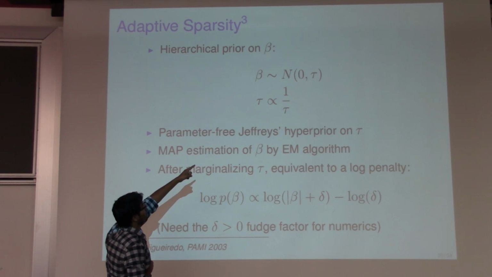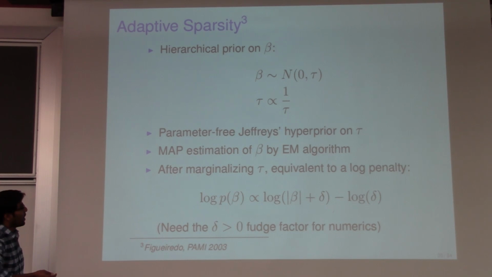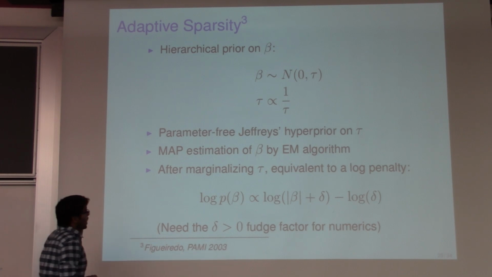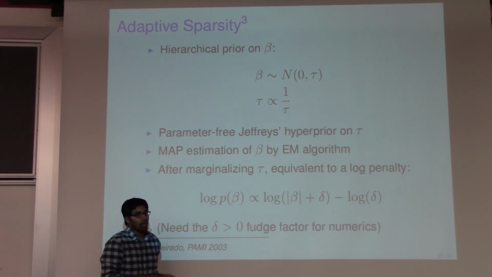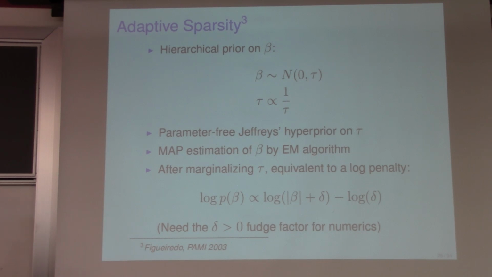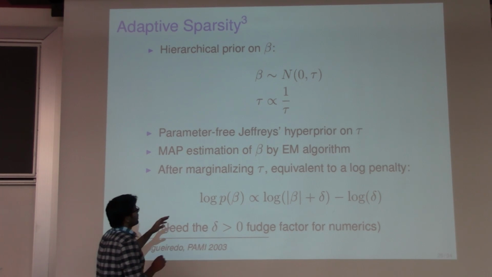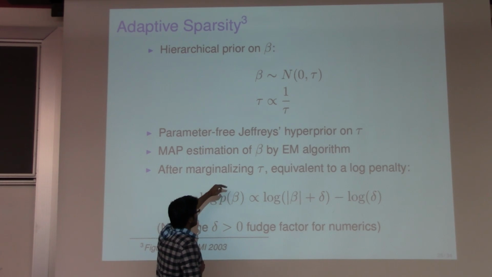In this case, tau has a Jeffreys type prior. It's a parameter-free prior, and when you marginalize out tau, it gives you a log prior, which is a very nice representation. It's not an exact match, but it gets as close to that black curve as possible.